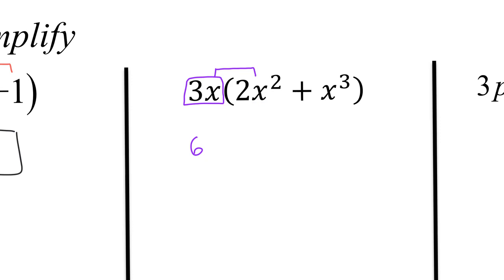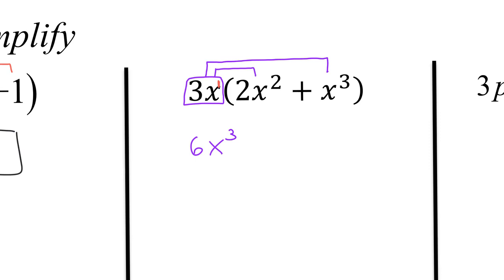Now the x outside of the parentheses, it has an invisible 1 exponent. So remember, you guys are going to keep the x, keep the variable, and add the exponents of the variables. So 1 plus 2, that's going to be 3. So we have 6x to the third power. Then you guys are going to multiply the 3x times the next term. So 3x times x cubed.